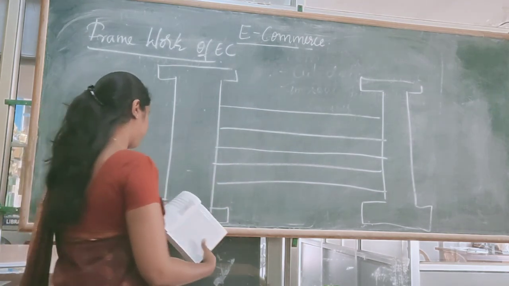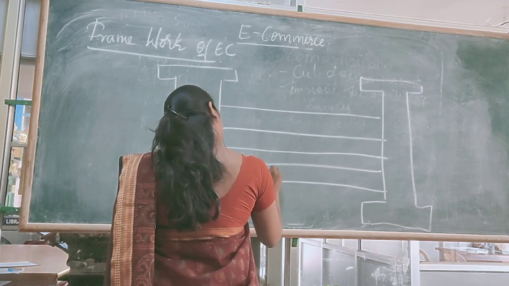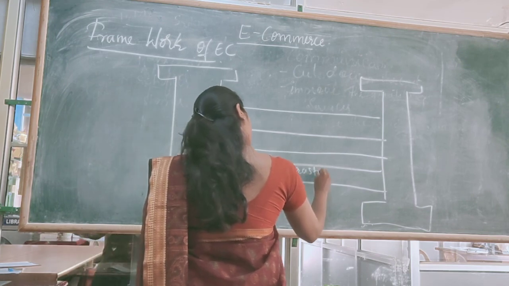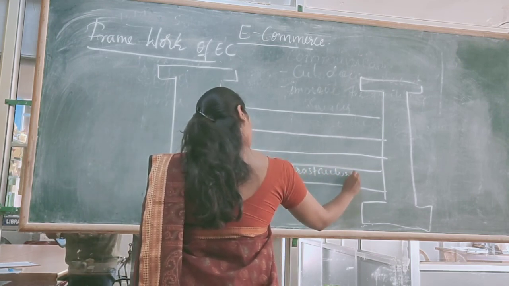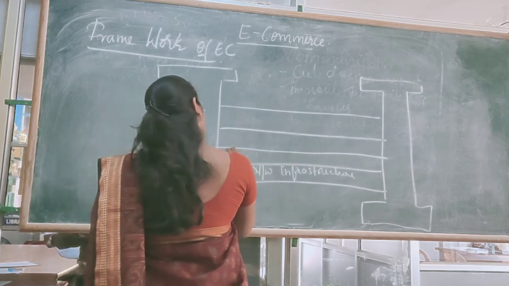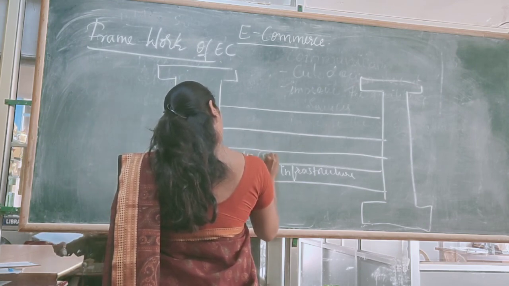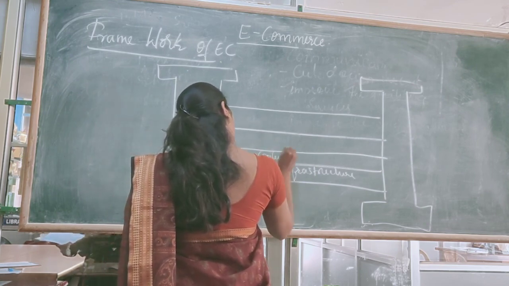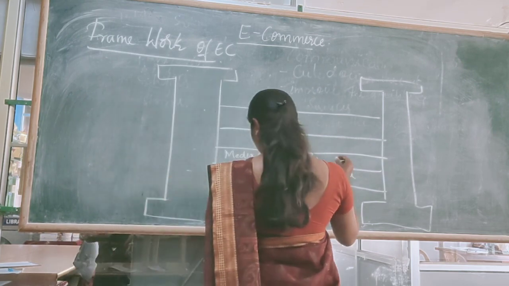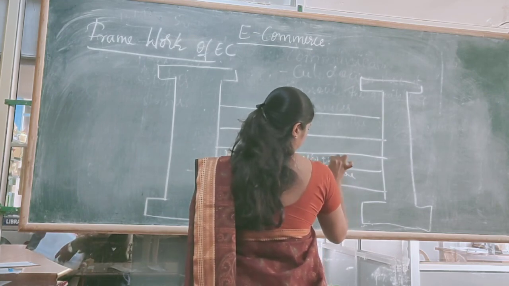The first building block is network infrastructure. The second one is media content and network publishing infrastructure.